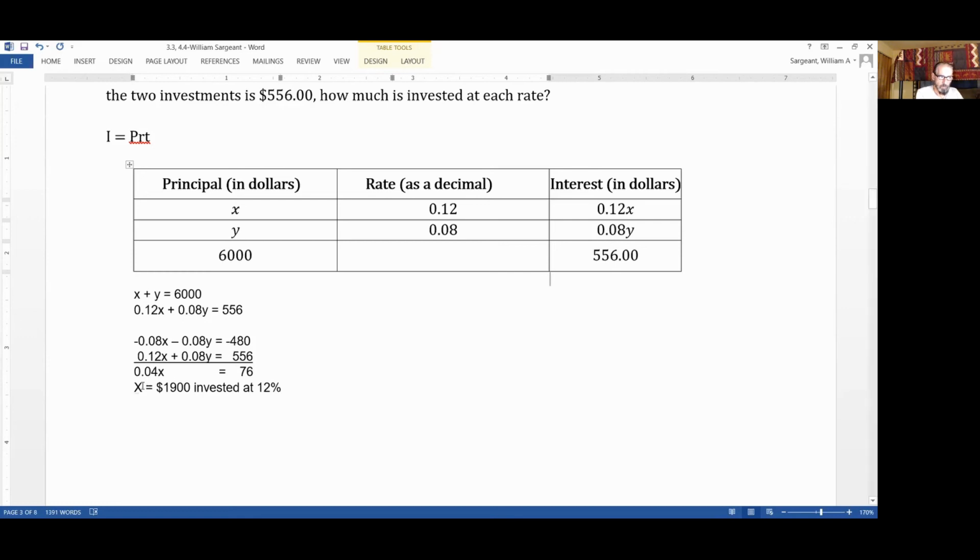And that was supposed to be added with how much was invested at 8% to give us a total of 6,000. It's going to give us $4,100 was invested at 8%.